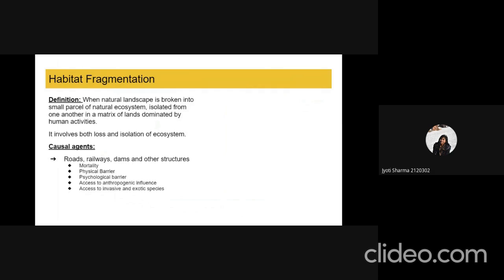Then access to invasive and exotic species, because human interference can happen. If there is a train and some boy or girl is eating some exotic fruit and throws the seed into the forest, what will happen? Some exotic species may grow in that forest and destroy the native species. So this is access to invasive and exotic species.